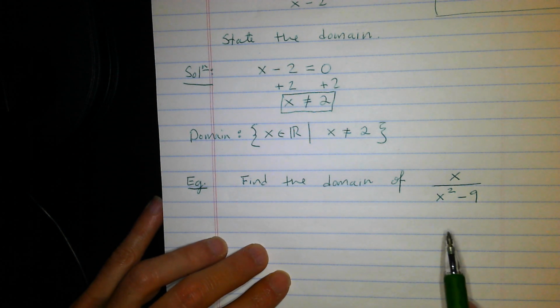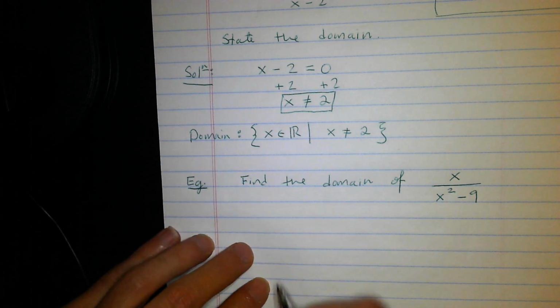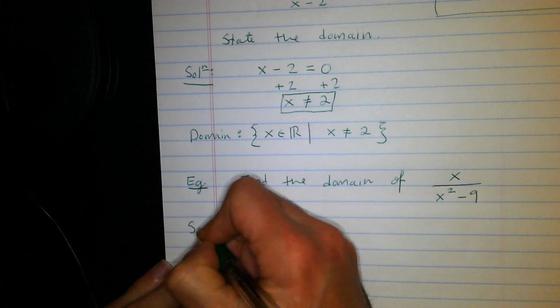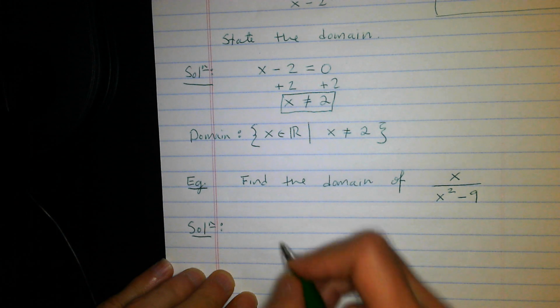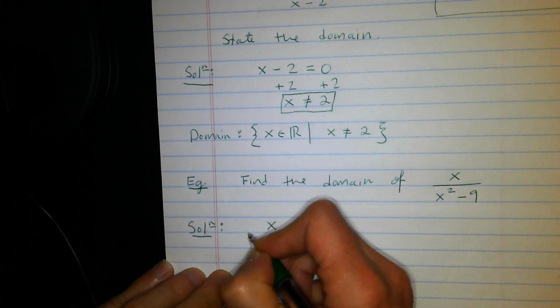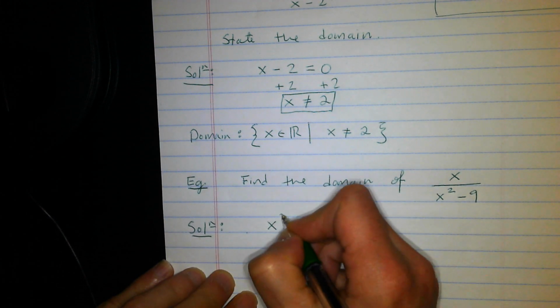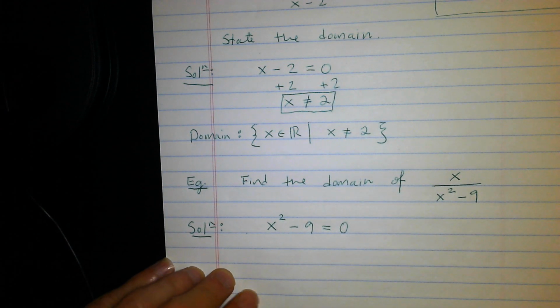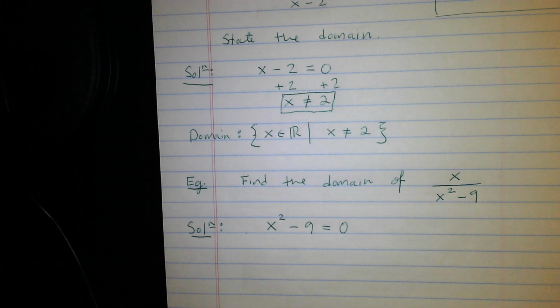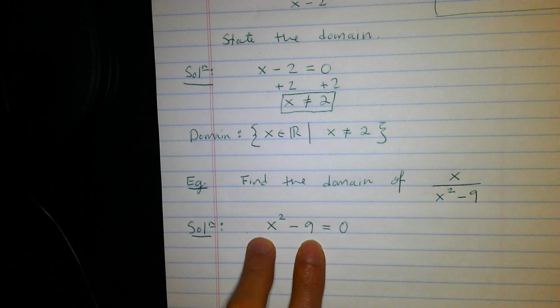Well, in this case, I would have a quadratic equation. So we set x squared minus 9 equals 0. To solve this quadratic equation, if you do the factoring checklist, which I'm sure you're all familiar with, we've got two terms, there's no GCF, so we're going to factor it as a difference of squares.